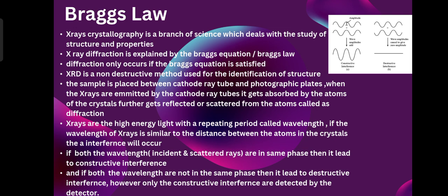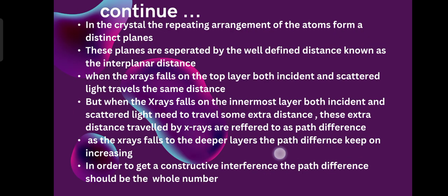So the resultant waves result in constructive interference, which is detected by the detector. However, on the right-hand side, see the diagram, if the incident rays and the reflected rays are not in the same phase, the resultant interference will be destructive interference, which will not be detected by the detector. Right, we will see this in detail in Bragg's law.